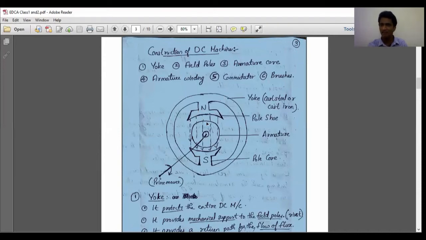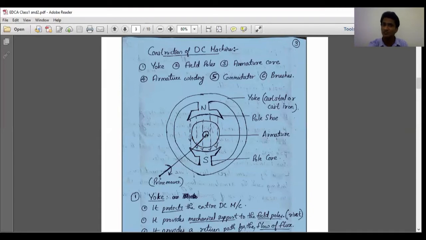So if the distance traveled by the magnetic field changes, the magnitude of the magnetic field reaching the armature also changes. That means the effect of the magnetic field on the armature will be different if there was no pole shoe.